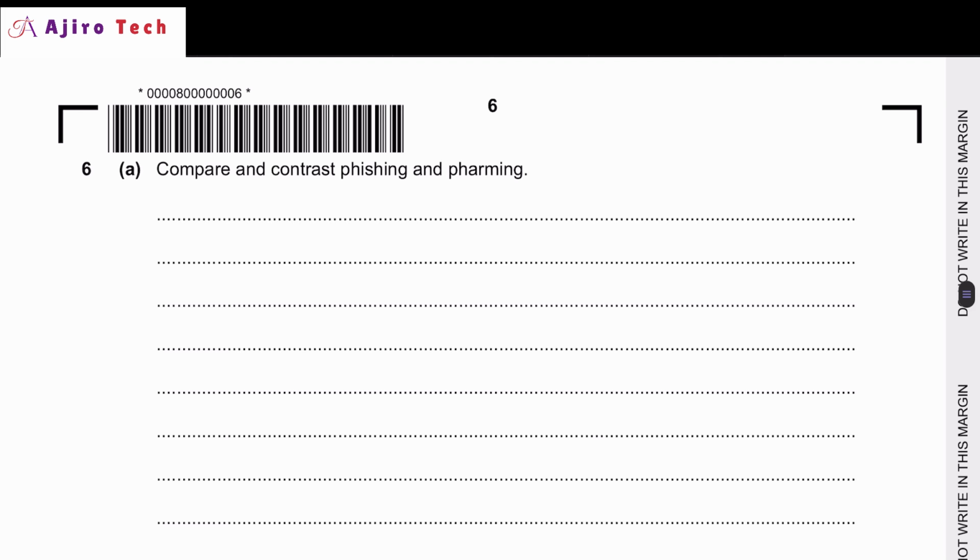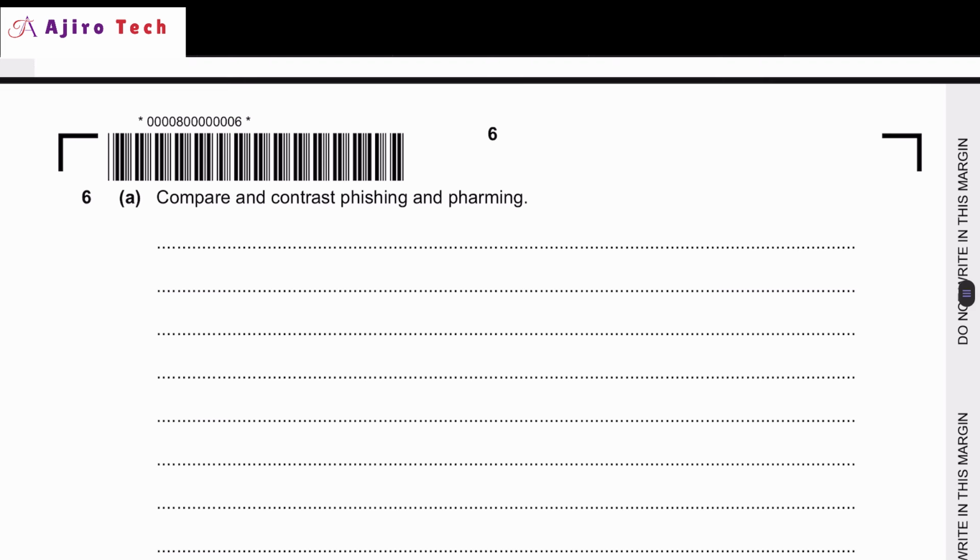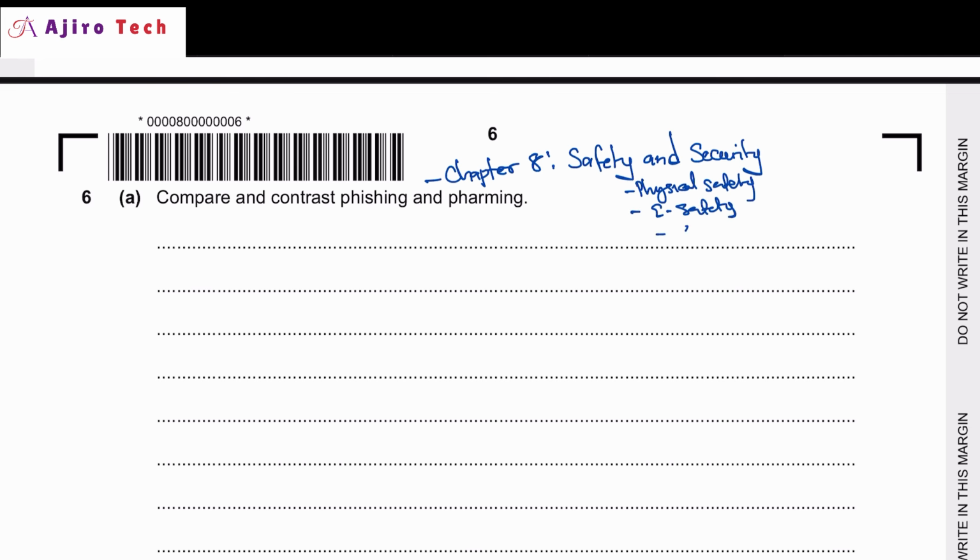Compare and construct phishing and pharming. Chapter 8, safety and security. Under safety and security, we have three categories: physical safety, e-safety, and security of data.